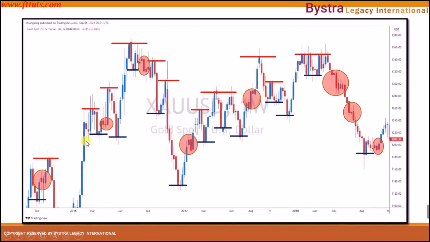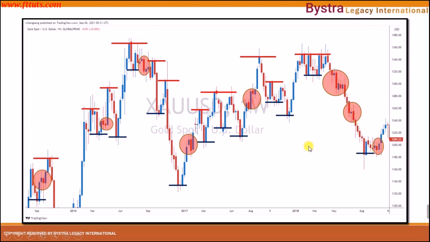You can see that these areas are actually not support and resistance. They are considered as supply and demand bases. For example, here, this is a rally base rally, rally base rally, drop base drop, rally base rally, drop base drop, and so on, guys.